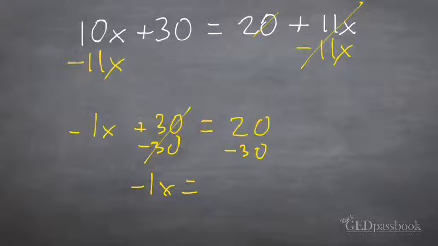What's 20 minus 30? Negative 10. You're never ever finished if your variable is negative. So if you left this as negative x or negative 1x, it doesn't matter. It needs to be positive. If we remember, you divide by -1. Or you did what I said, which was get that negative and chuck it to the other side, which flips the sign of the -10 into a positive sign.